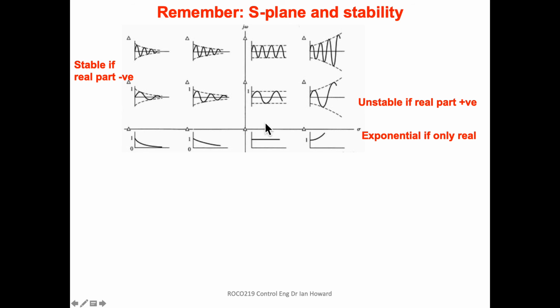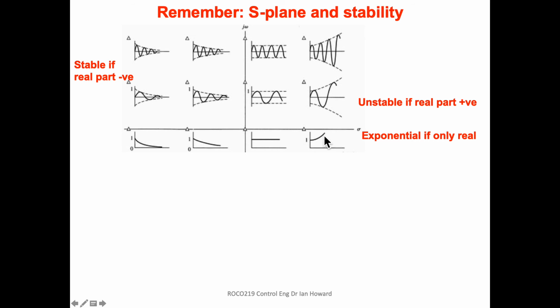If we've just got poles which are lined along the real axis and they've got no imaginary components, then there's no oscillation happening at all, right? So if we've got a value which is bang on the origin, no real component at all, and also no imaginary, then we have a system which is going to be constant and not oscillating.